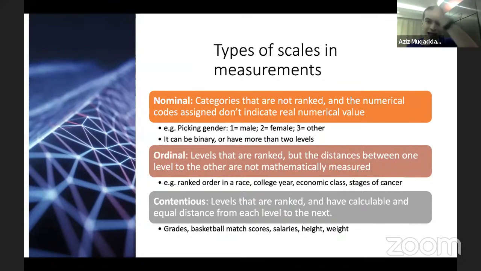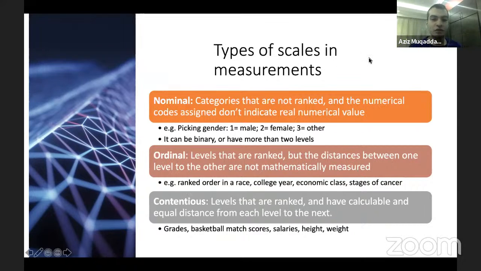So these are ranked, but the numbers are not mathematically ordered like in a real numerical scale, right? The distance between 1 and 3 is not necessarily 2, right? It could be wider than the difference between 3 and 4. The difference between 2 and 3 could be wider than the difference between 3 and 4, or vice versa.